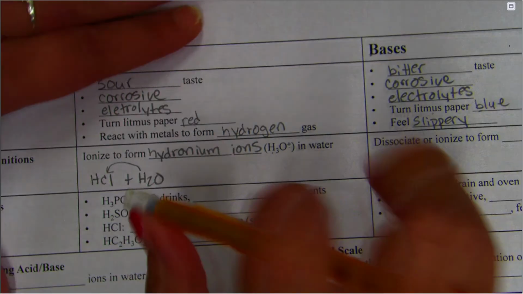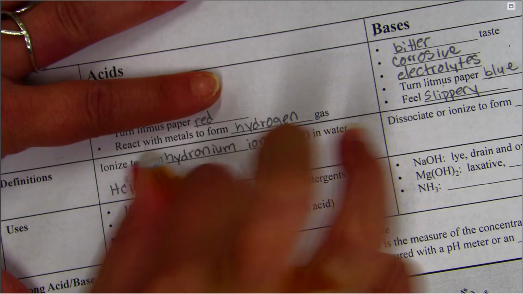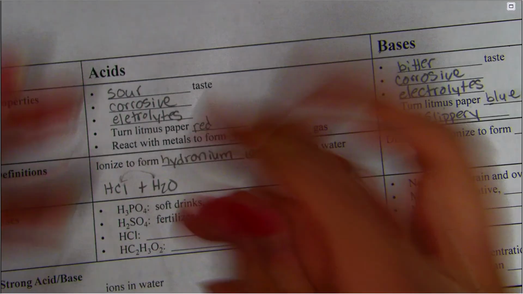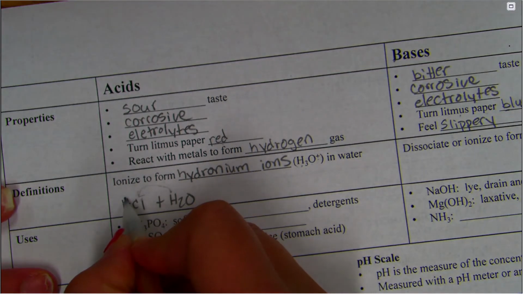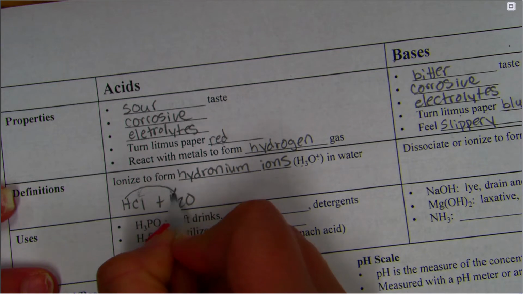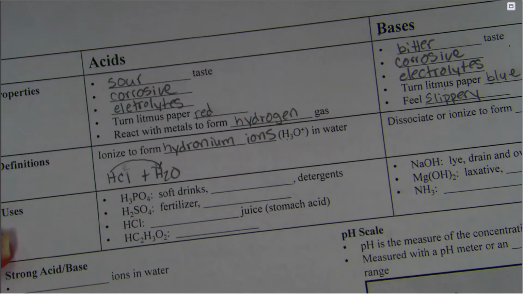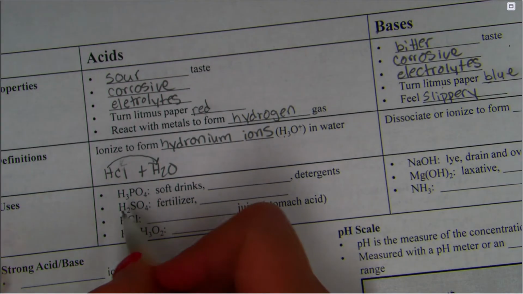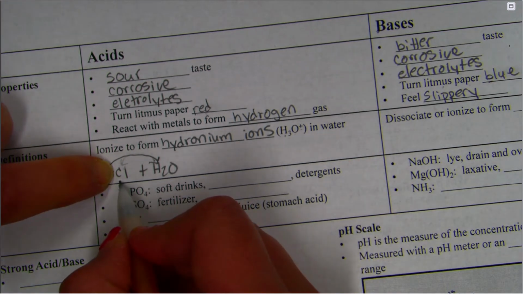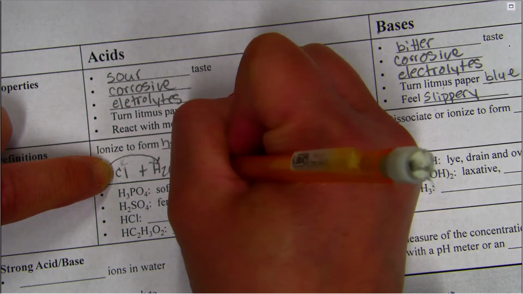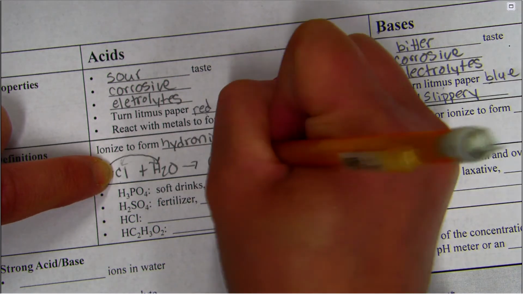What happens here is, I'm sorry, I said that backwards. A hydrogen from HCl comes over and joins with the water, leaving me, if I take off this hydrogen, what am I left with? I am left with a chloride ion.